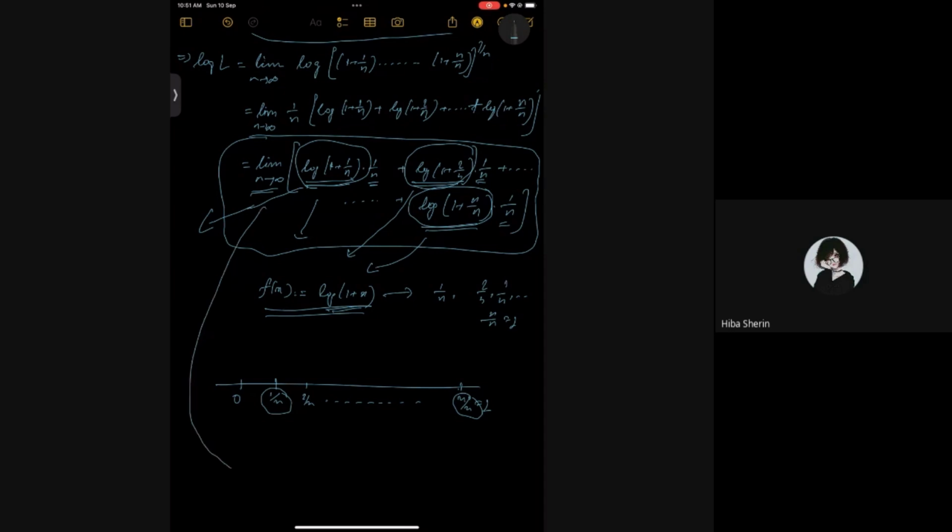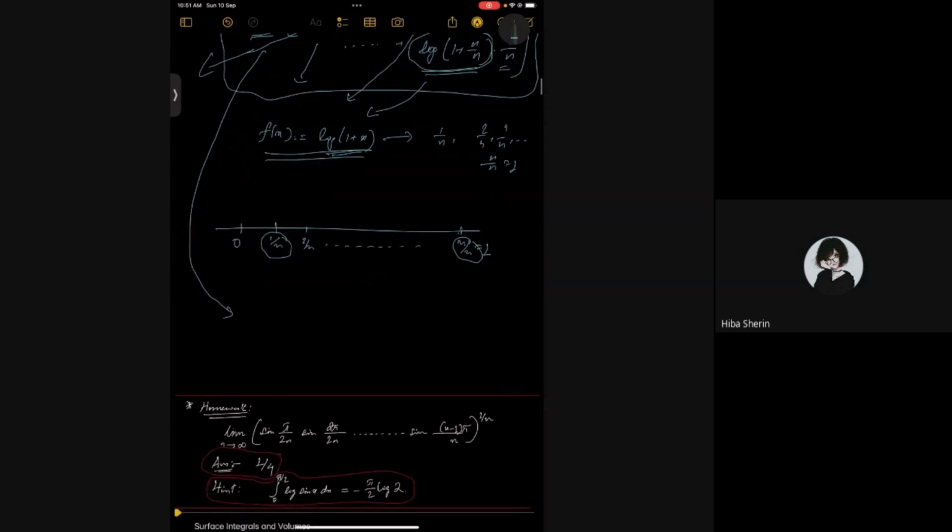So this whole thing is equal to the integration of log 1 plus x dx. And what are the limits? That is the question. The first point that I chose was 1 by n, and as n goes to infinity, this goes to 0. The last point is n by n, which is nothing but 1. So as n goes to infinity, it remains as 1 itself. So the limits are 0 and 1.